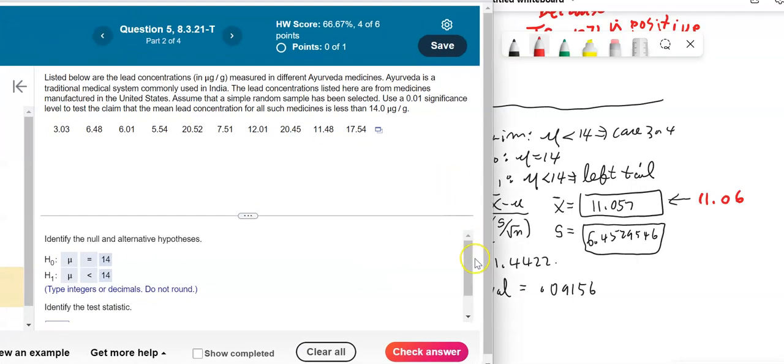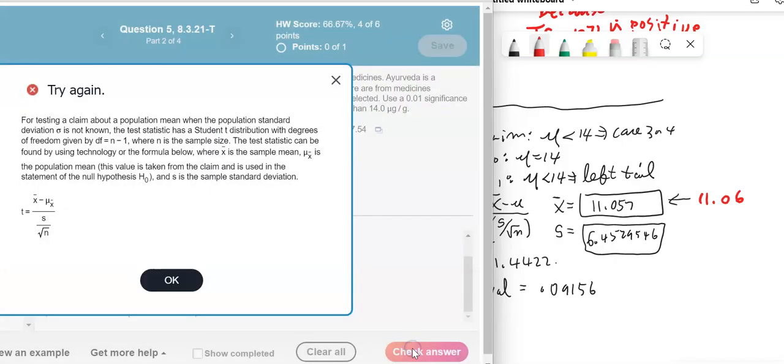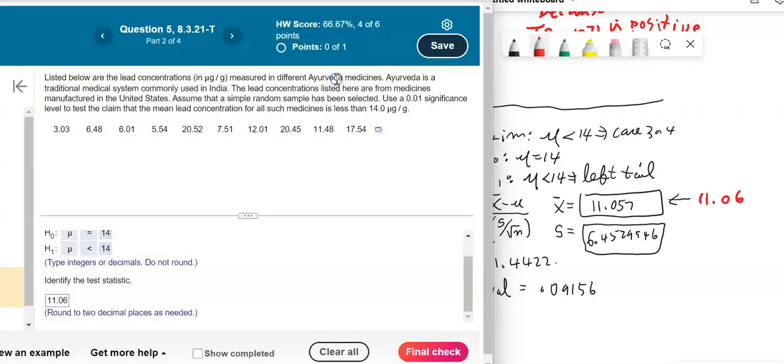Here, the test statistic is 11.057, so 11.06. Sure. Okay. You know what?